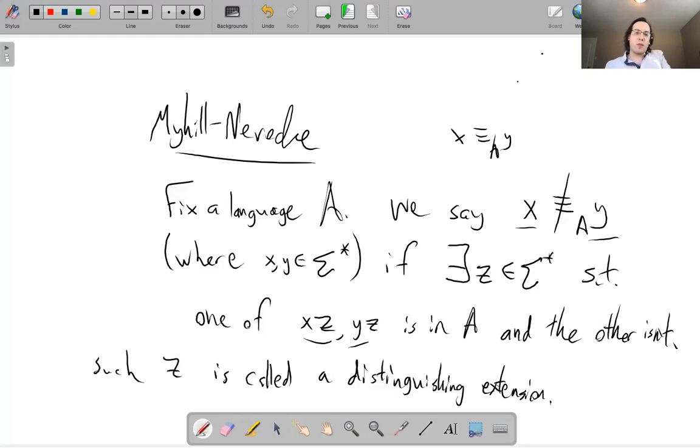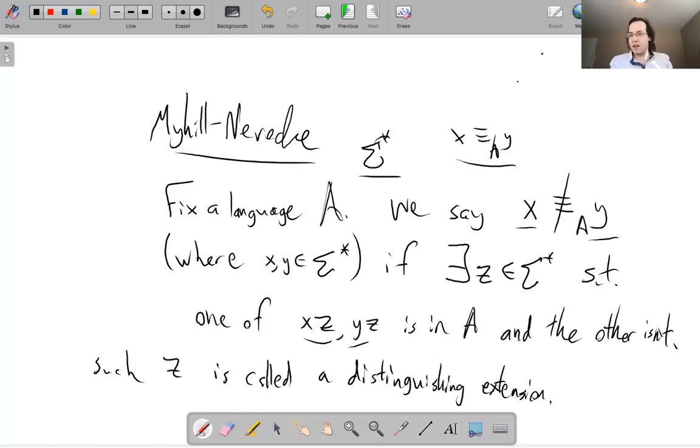And what the Myhill-Nerode theorem says is, if you partition sigma star into the equivalence classes for this equivalence relation, we say two strings are equivalent if there's no distinguishing extension between them. Given this equivalence relation, we can partition sigma star, the set of all strings, into the equivalence classes, into all the strings that are equivalent to each other.